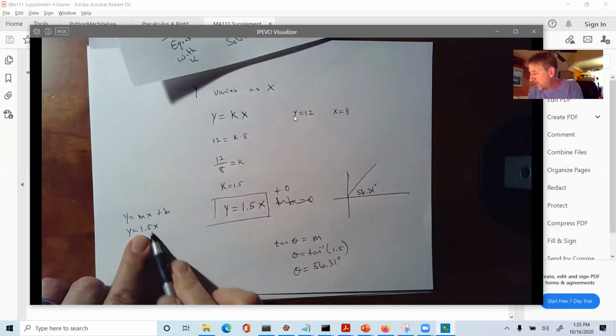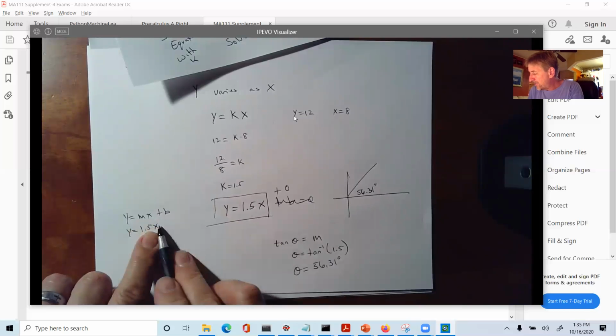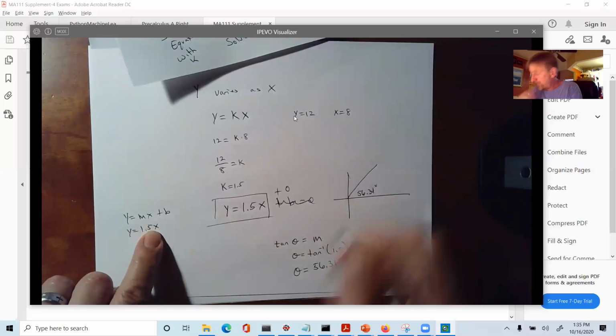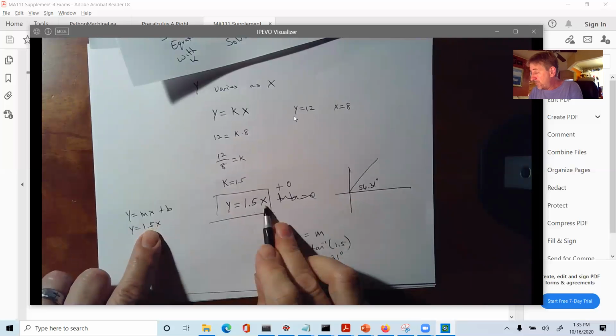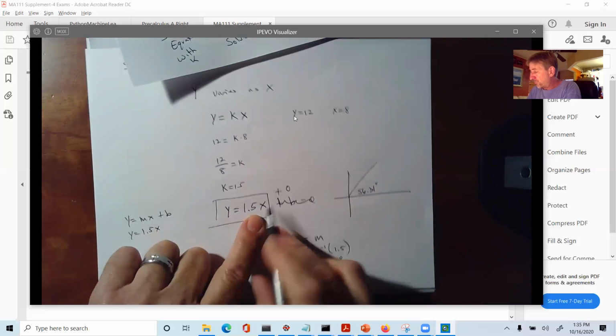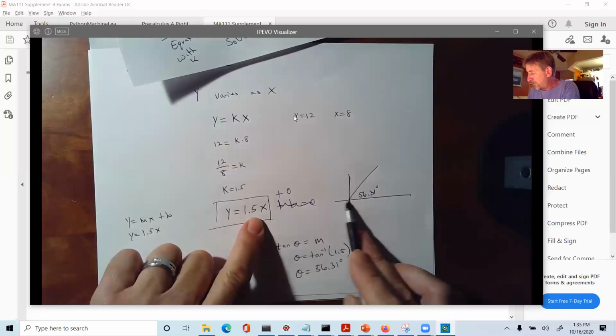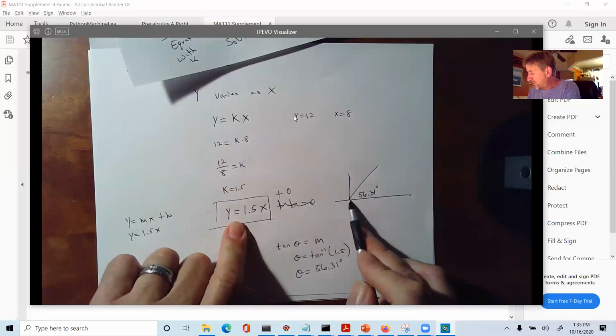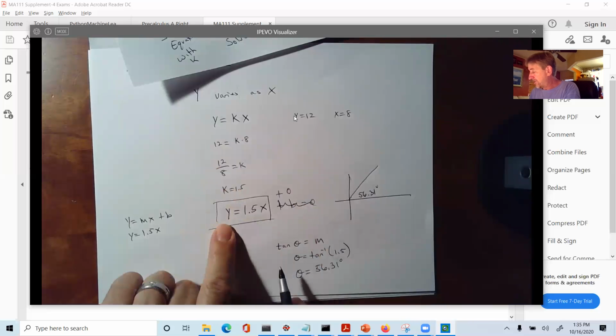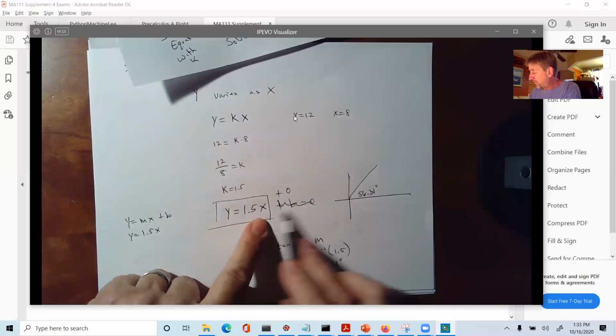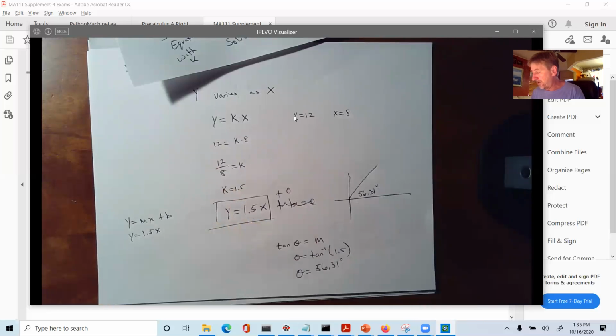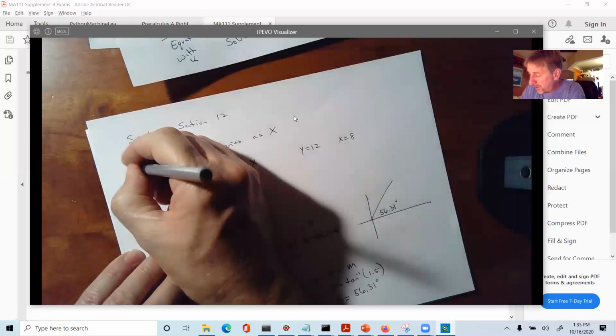That variation constant is the slope. And there is no plus b because they run through 0, 0. So if y varies directly as x, if x is 0, then y is 0. If I increase x, then I increase my y value. Okay, so that's number 1A.